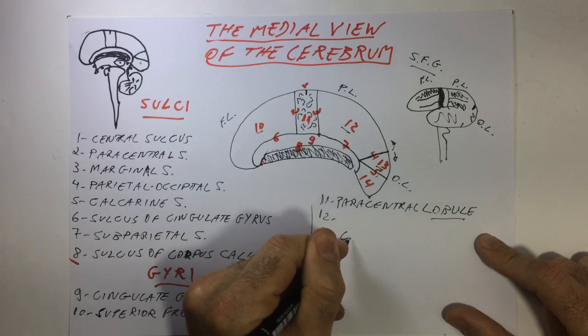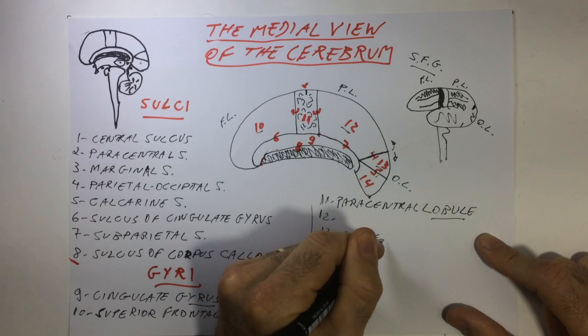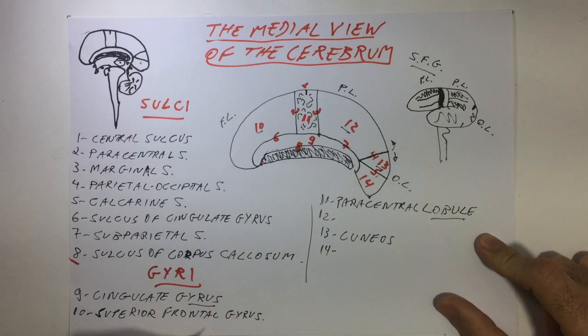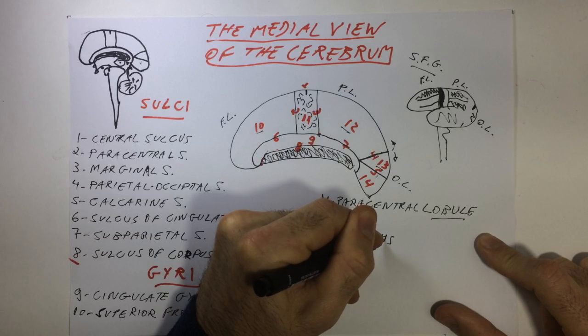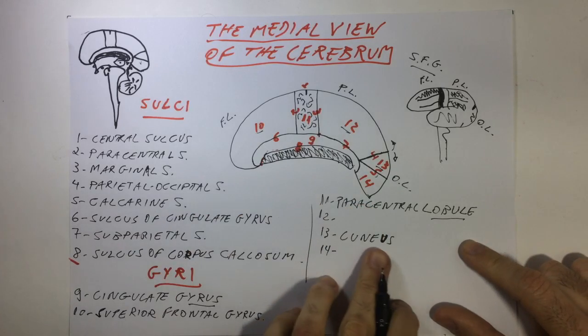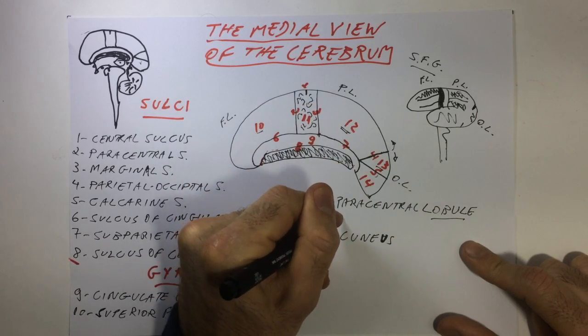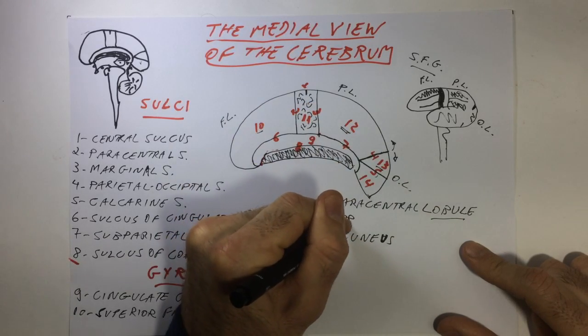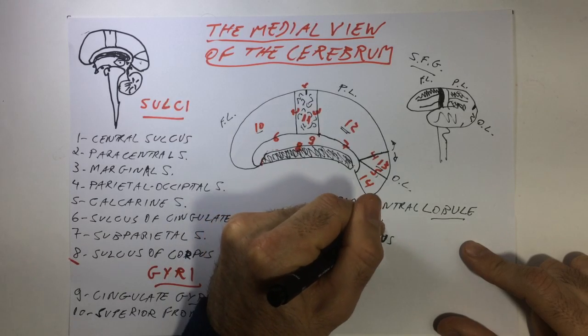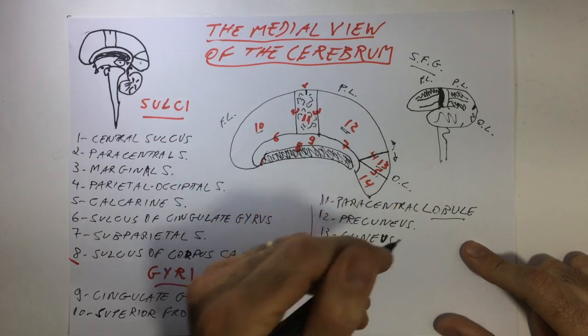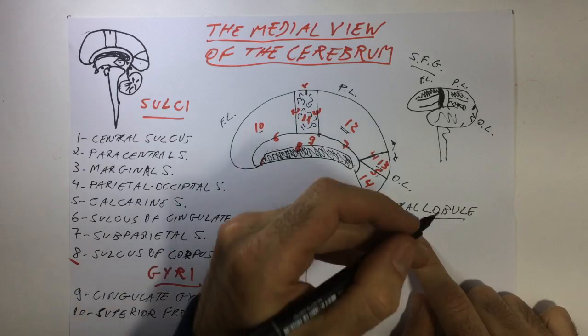That would be the cuneus. If I'm not mistaken, it's written with the U. Cuneus. In 12, it's the precuneus. Precuneus.